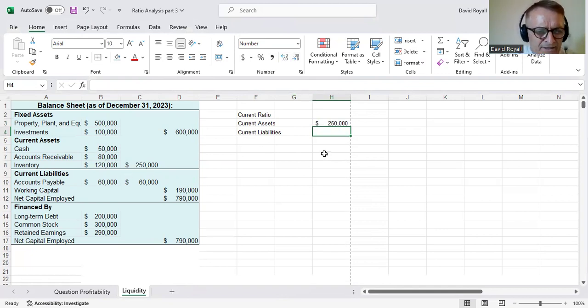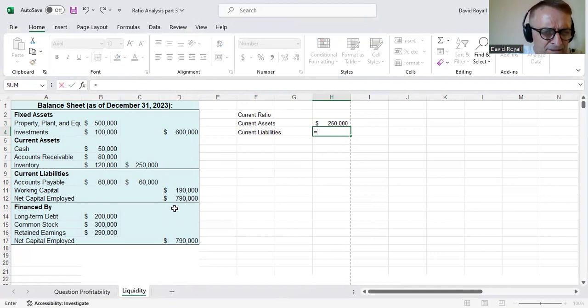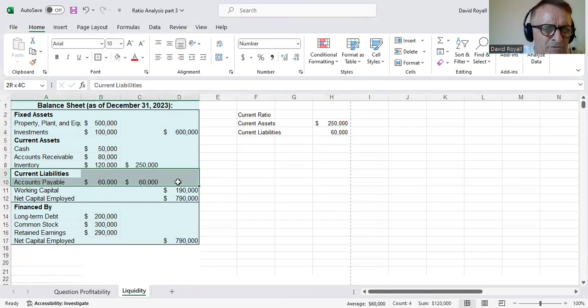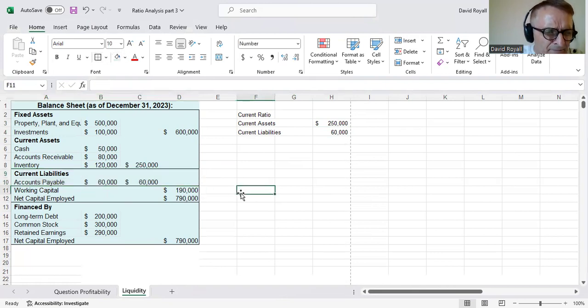So we'll do exactly the same with the current liabilities. So what we've got is the current liabilities here. Make sure that that is clear to see.